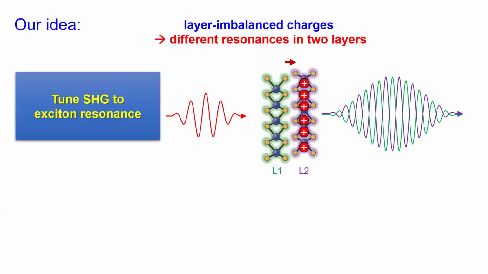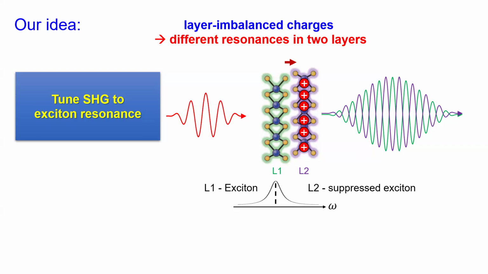Here we let the 2 omega resonate with the exciton, and in layer 1 the exciton signal is preserved, so it can have the resonance effect. But in layer 2 the charges are accumulated, so the exciton signal is suppressed, as we know that the excitons are turned into exciton polarons.